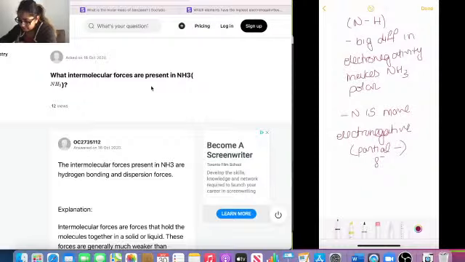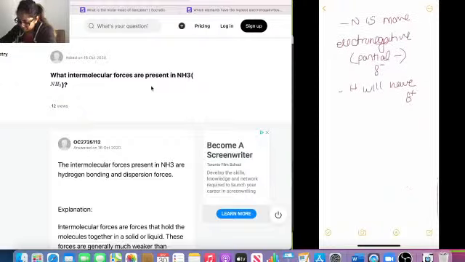So your nitrogen will have the partial negative and hydrogen will have partial positive. So basically this is what creates your hydrogen bond.